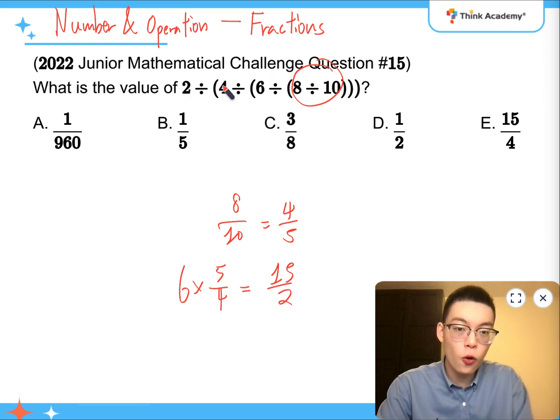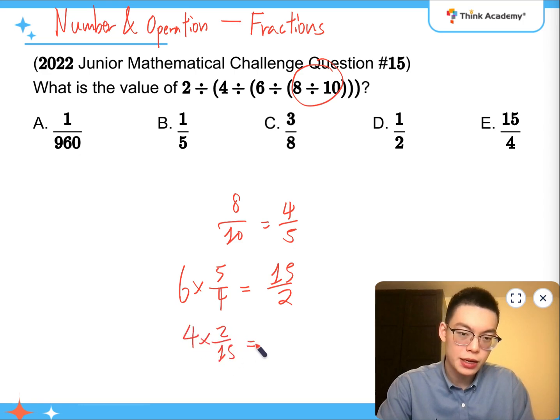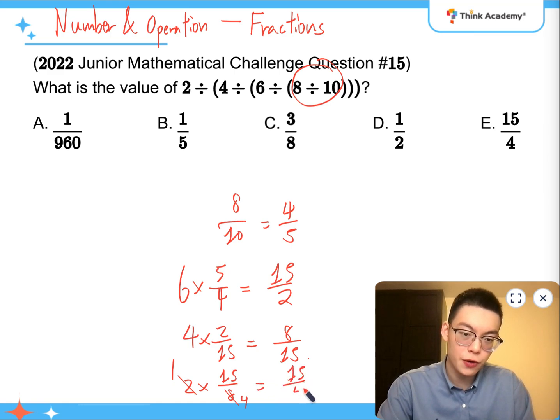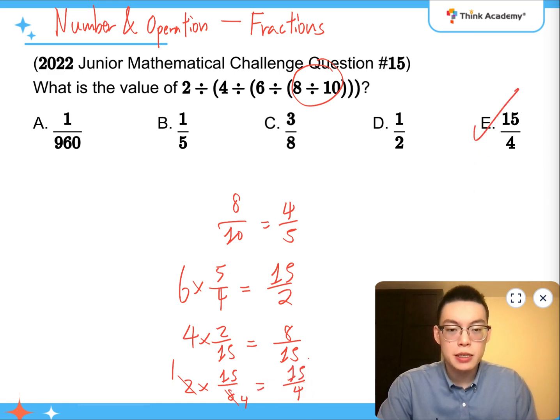And then 4 is dividing that, which means 4 is multiplying 2 over 15. And that's how we get 8 over 15. 2 is dividing that, so we have 2 times 15 over 8, which 2 and the 8 simplifies to 1 and 4. And that's going to be 15 over 4, which is E.